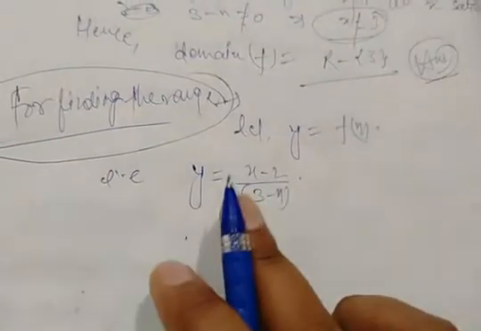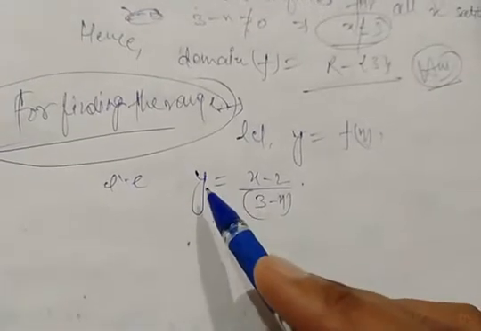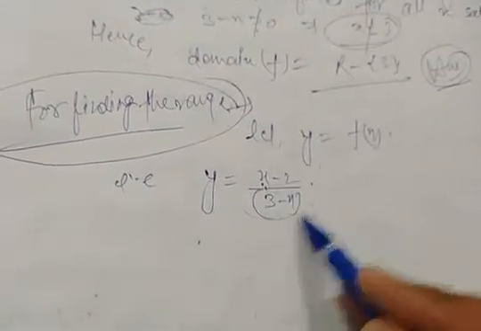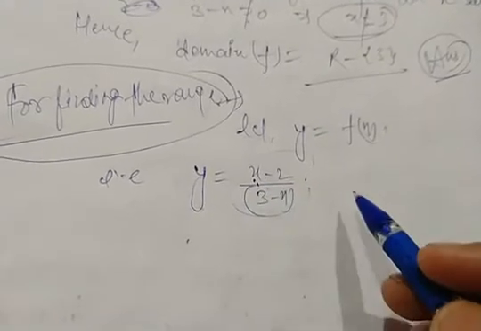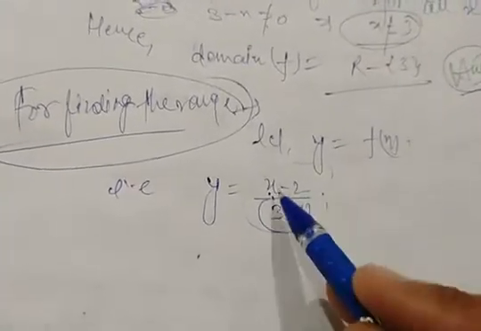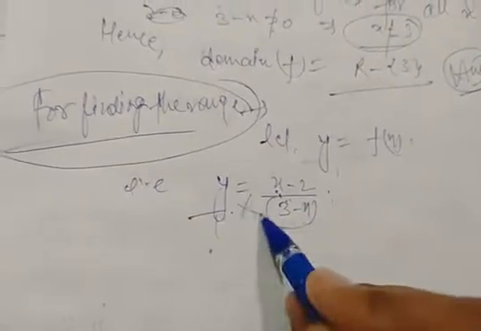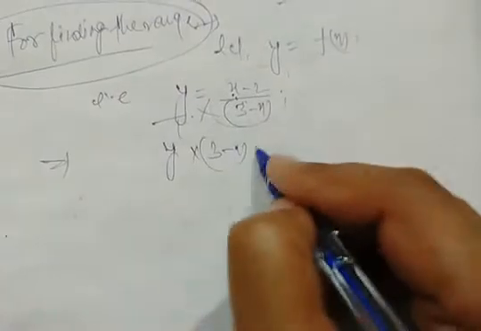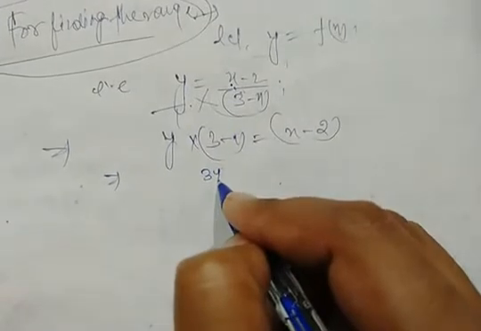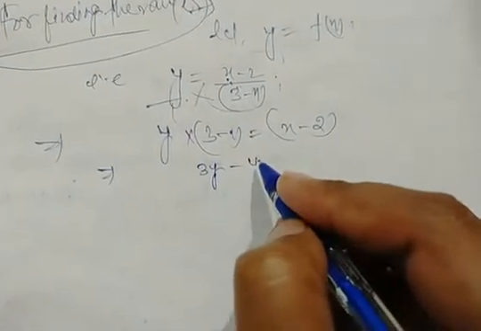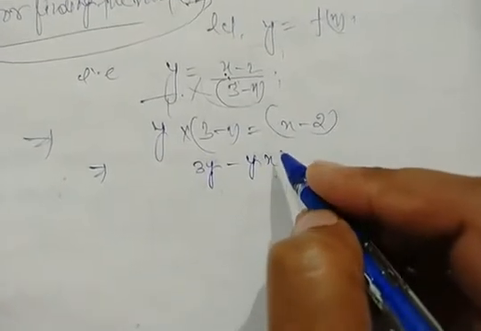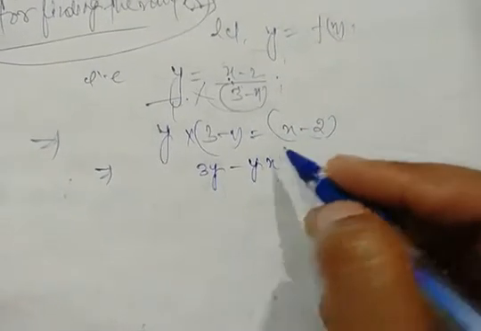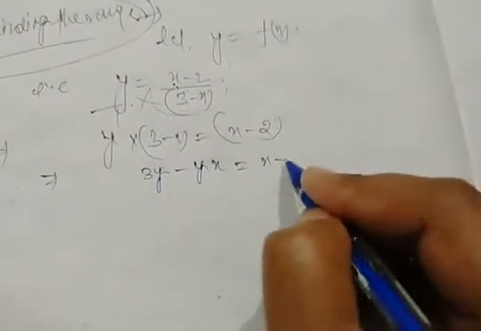Now in the second step, solve the equation y is equal to f of x for x in terms of y. First of all, we find the value of x in terms of y. For that, we do cross multiplication, that is we get y into (3 minus x) is equal to x minus 2, that is 3y minus yx is equal to x minus 2.